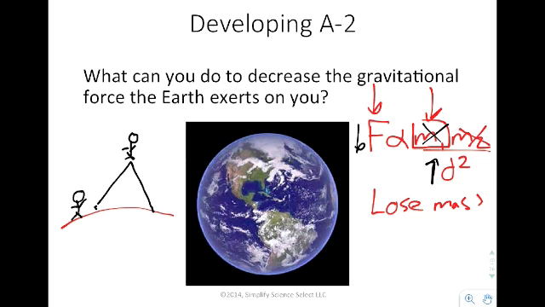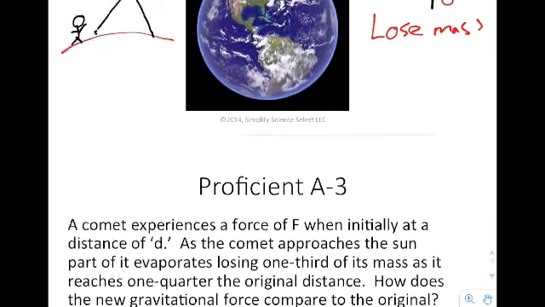Now, it's not a huge amount, but it is a way that you can decrease the gravitational force. If you were in a plane or a hot air balloon, it would be even less. So if you increase your altitude away from Earth, you decrease the gravitational force of Earth on you.